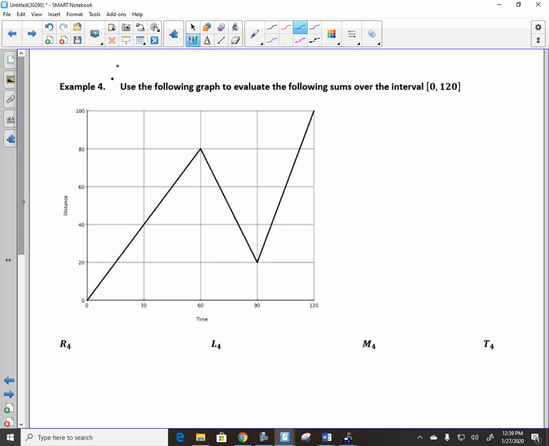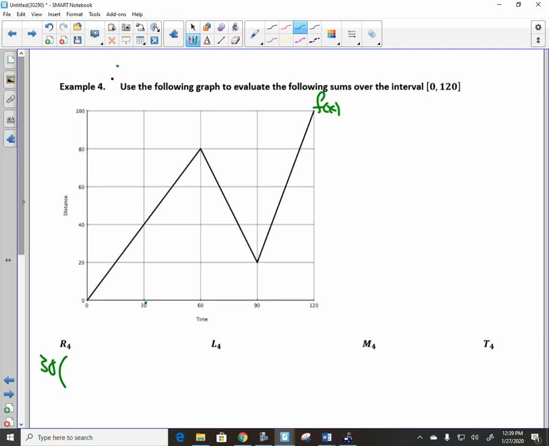Okay, now we're going to evaluate the sums over the interval from 0 to 120, with this being f of x. What is the length of our entire interval? 120. So if we have 4 equal subintervals, the width is 30. So we have 30 times. I need right hand.